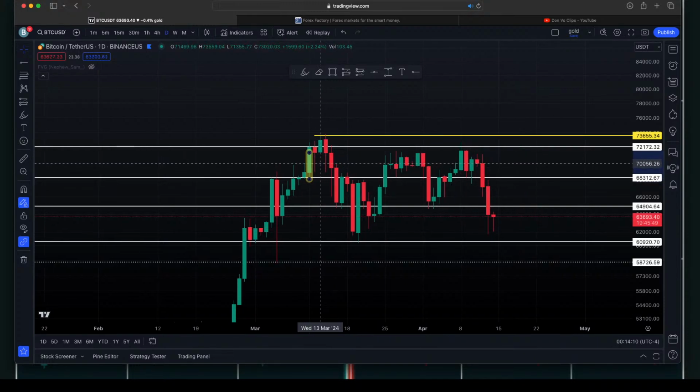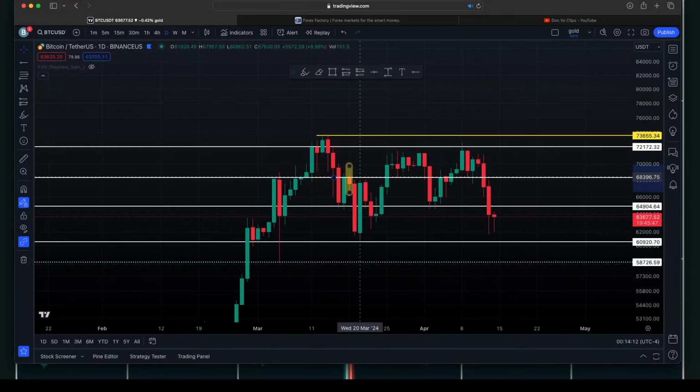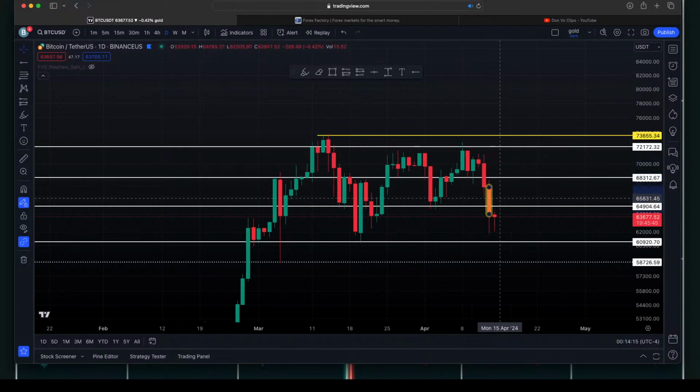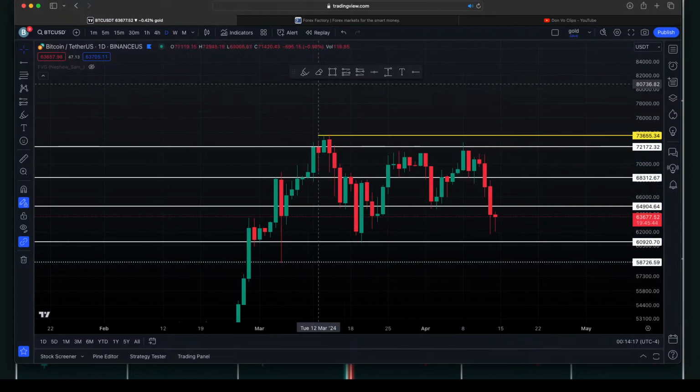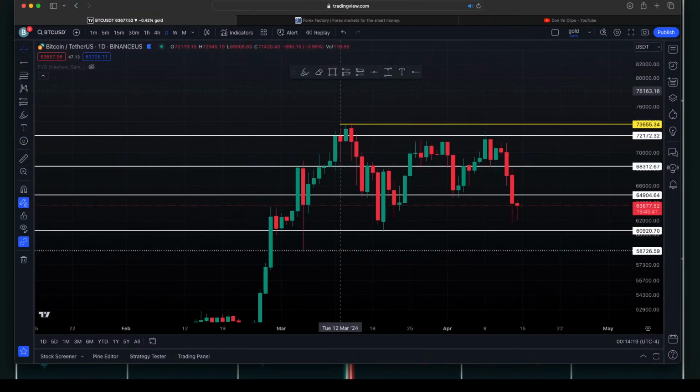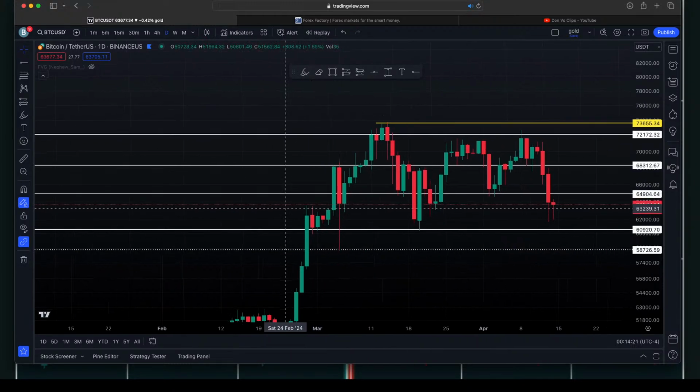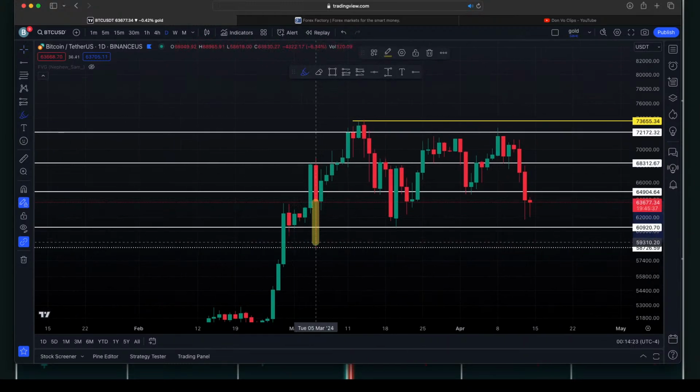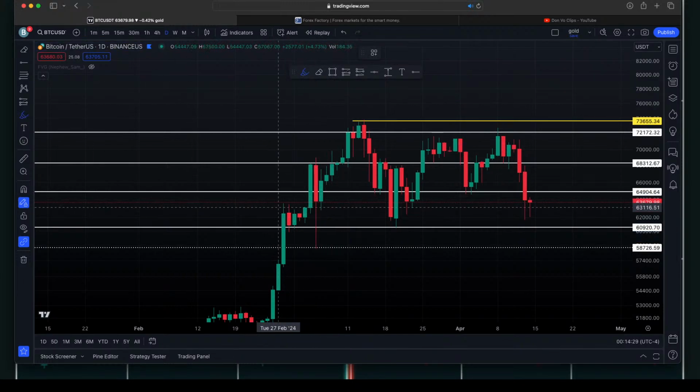So I'm trying to figure out, why is this area so significant compared to, you know, why wouldn't you take this short here? I mean, like I said, there's a bottom wick here that went down, so you still could have been right, but the idea is that it's very close.